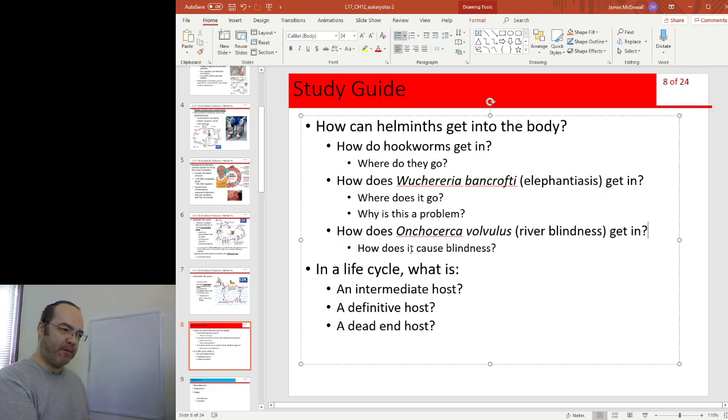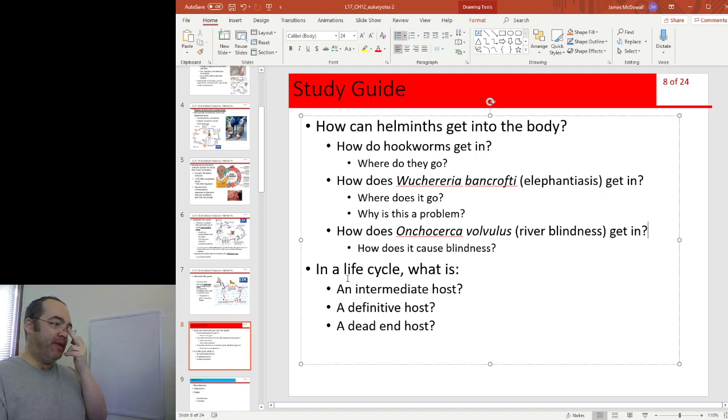One of the places where they end up is in the eyes, and then our body mounts a strong immune response against primarily the bacteria that are in the worm. And we've talked about the immune response being damaging. A damaging immune response in a delicate part of the body causes the blindness.